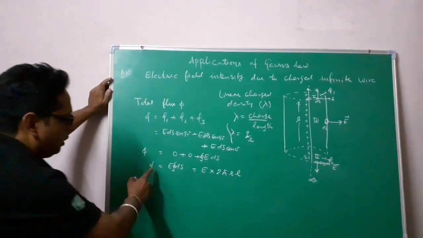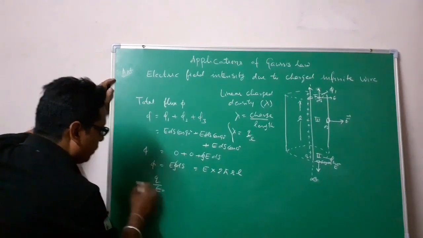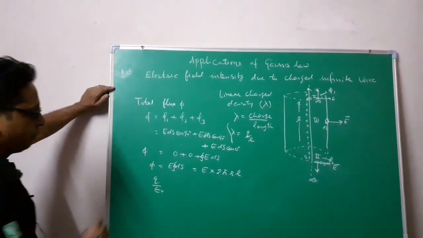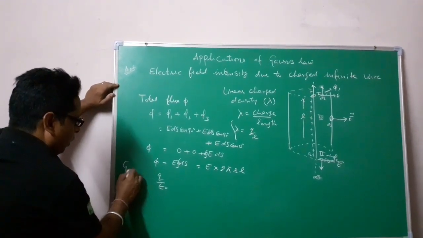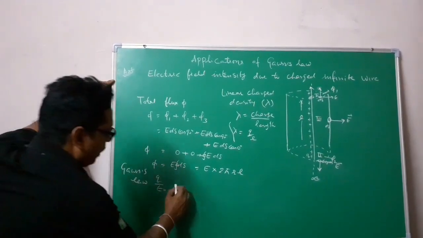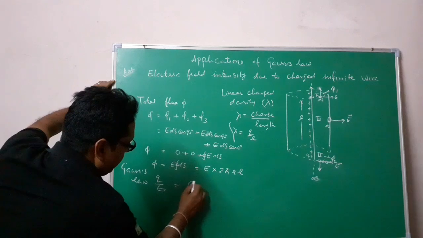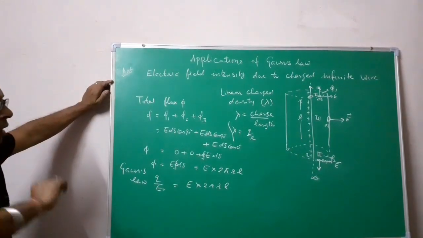So this phi is nothing but, according to Gauss's law, equal to Q upon epsilon naught. So we can write here according to Gauss's law, Q by epsilon naught equals E times 2 pi R into L.